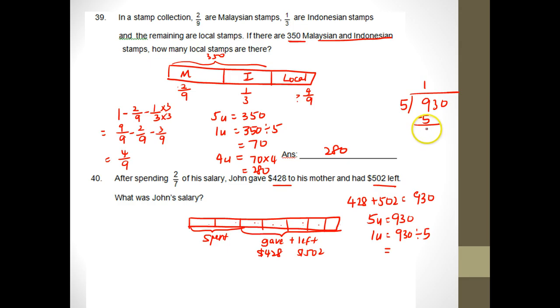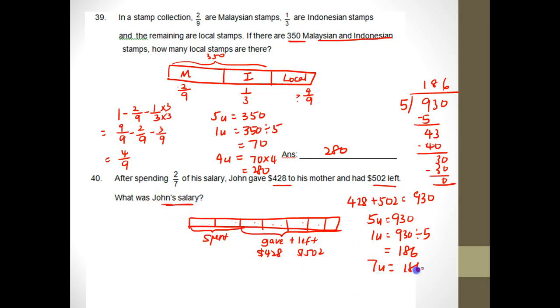Let's look at 930 divided by 5. So it's 186. I want to find what was John's salary. It is 7 units.